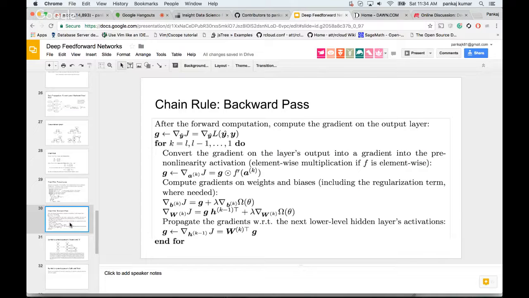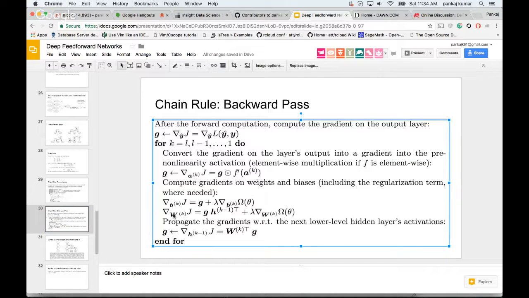That's what is happening in this line, which is the derivative of cost with respect to B and W. And also see that there is a term here, and a second term here. This is the derivative with respect to the regularization term.